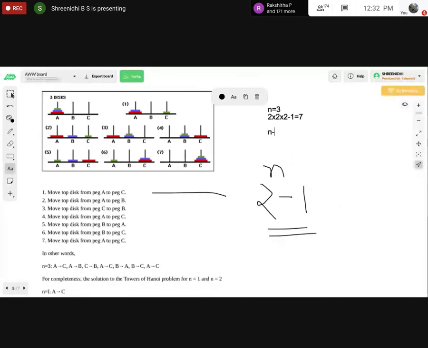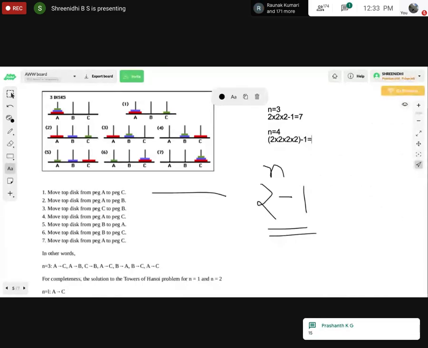When n is equal to 4, as I told, 2 power 4 means 2 into 2 into 2 into 2, minus 1. That's 16 minus 1, which is 15. So the number of moves will be 2 power n minus 1.